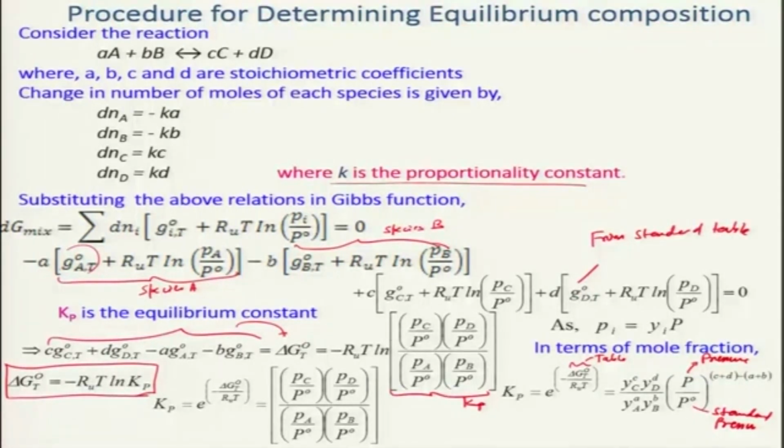We can get this Gibbs free energy from the standard table, and by knowing that, of course, you can get this delta G provided you know the coefficients of the reaction we are considering. So it is very important that Kp is a function of temperature and is dependent on it, and the equilibrium composition is also dependent on temperature. And vice versa, the constituent mass fractions of the species are also dependent on the temperature, as I told earlier.